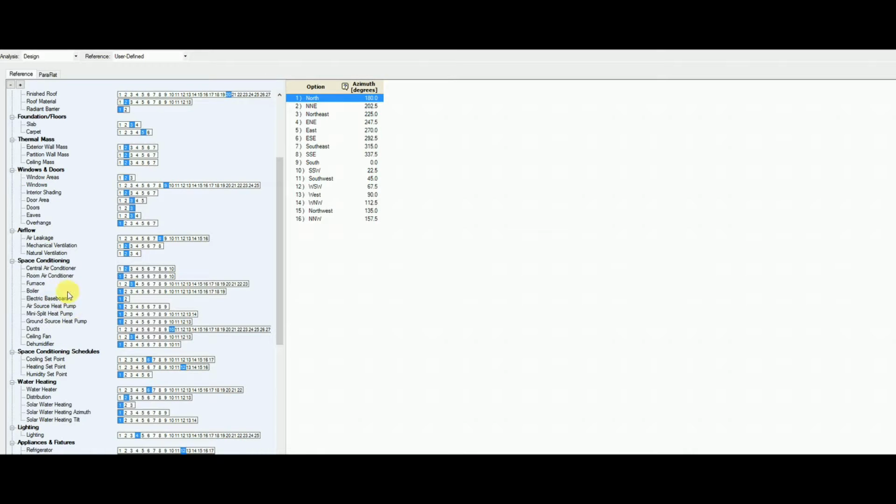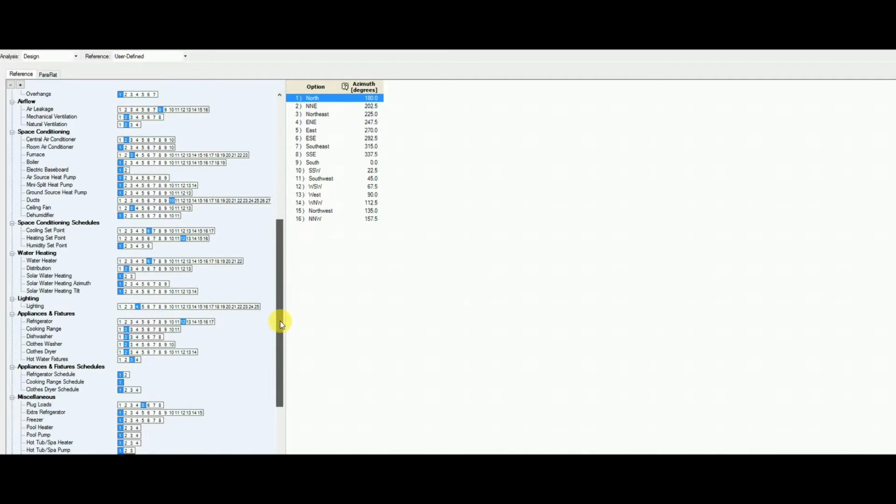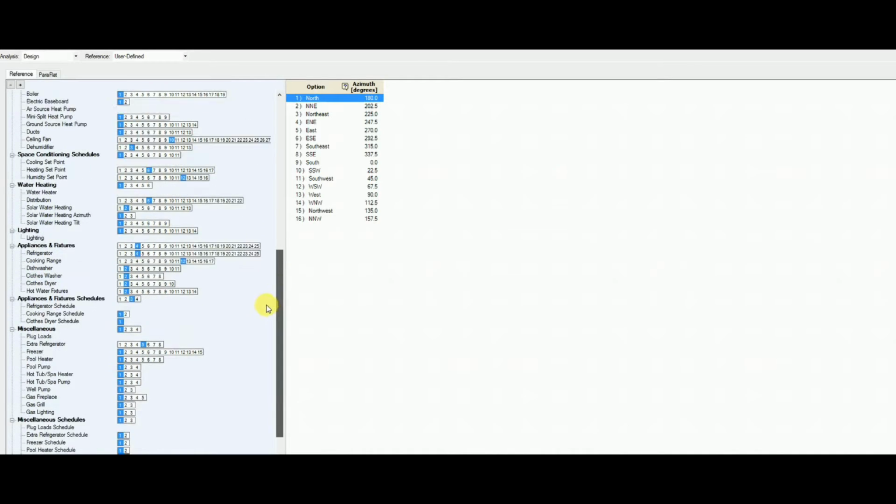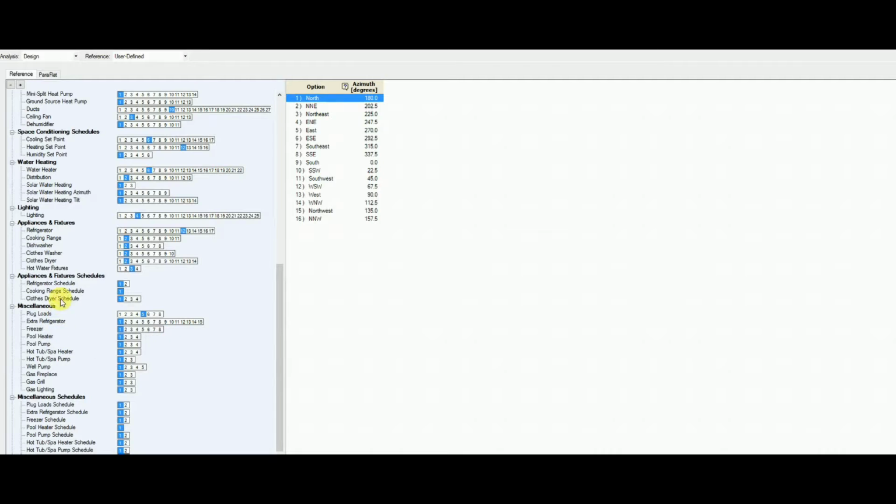And then this is where you get into your HVAC systems, where you can come up with different types of HVAC, your furnace and your air conditioner, in other words, and ventilation, exhaust fans, and so on. Here, your water heater, lighting, what kind of lighting you have, whether they're LED lights or incandescent, and then your appliances.